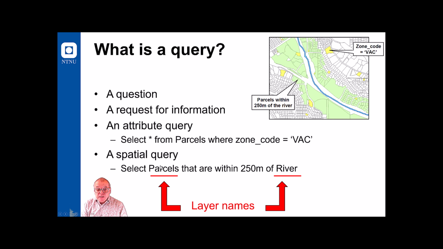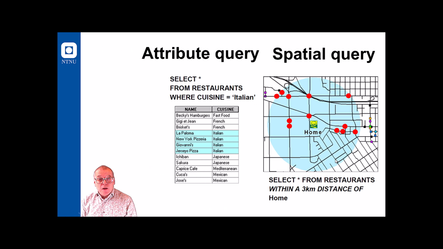So that's a spatial query that you want to know where are the parcels that are within 250 meters from the river. And all those which are highlighted green here in the map are those parcels that are fulfilling that query. So this is another example of the difference between attribute queries and spatial query.